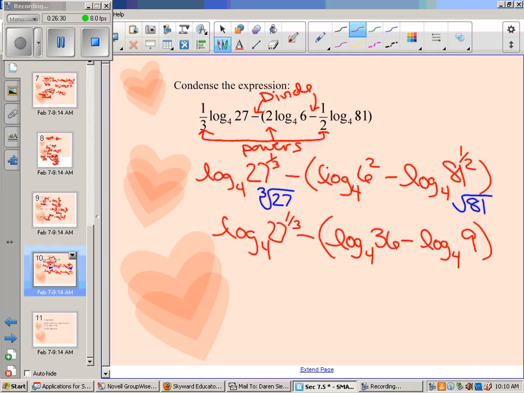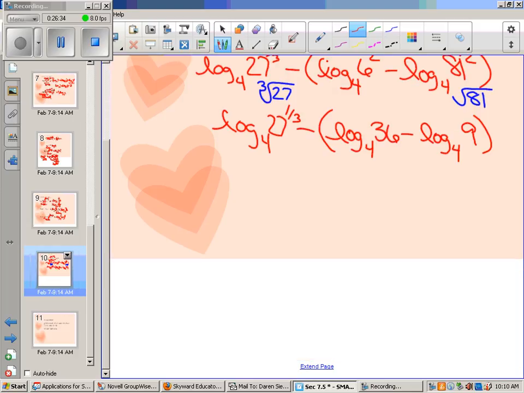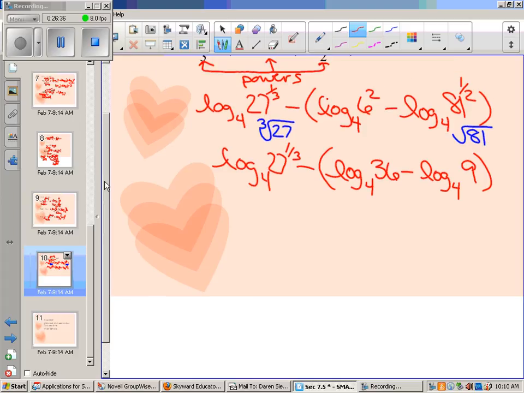Okay, I'm still dealing with my parentheses first. What do I do with log base 4 of 36 minus log base 4 of 9? Make it a fraction, so it's log base 4 of. Do I need my parentheses anymore? No, because I've combined those two into one statement.